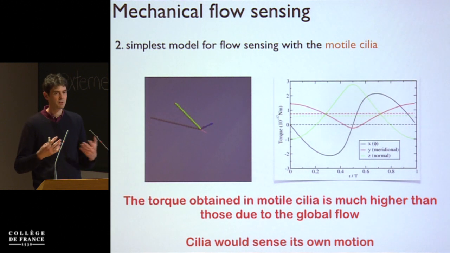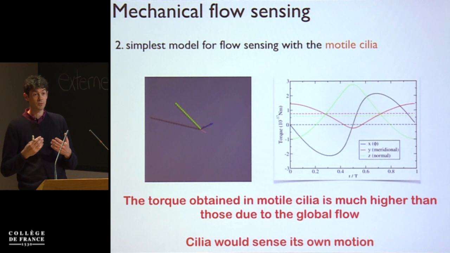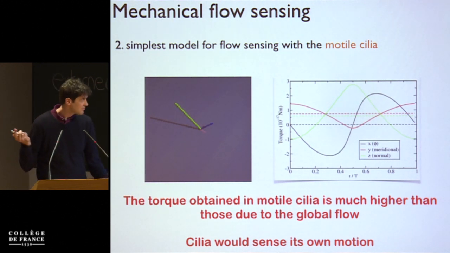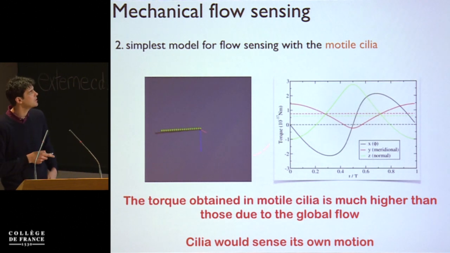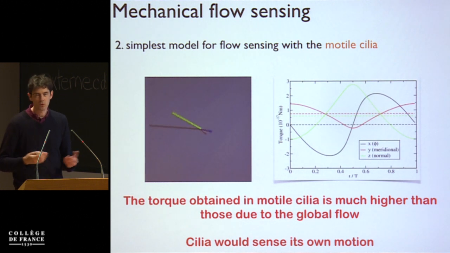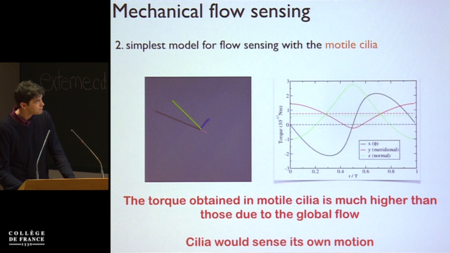So we turned to another sensing mechanism, which was never really thought of. Considering the number of immotile cilia is really low, we were wondering what is happening at the level of the motile cilia itself. How are the forces spreading? For Andre, it was fairly easy. He just modeled a beating cilium and checked the forces generated by this motion.